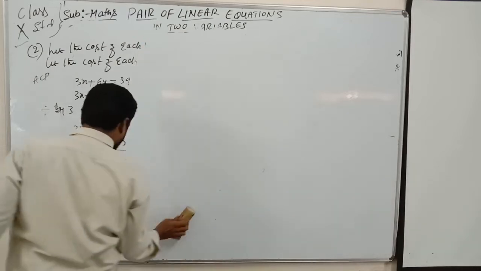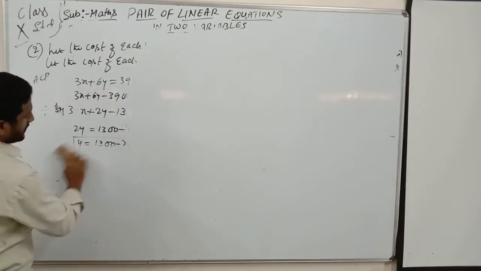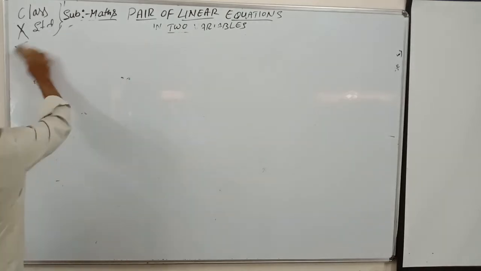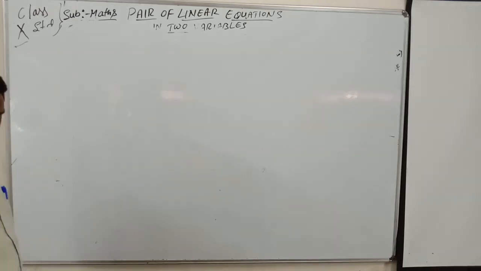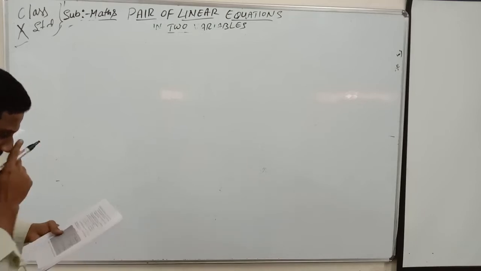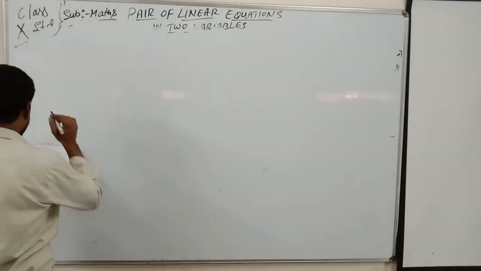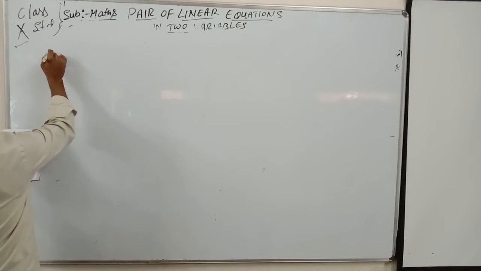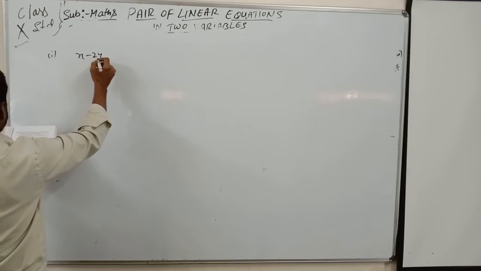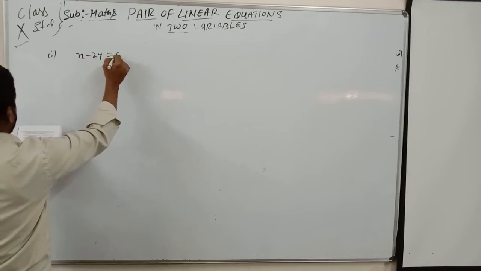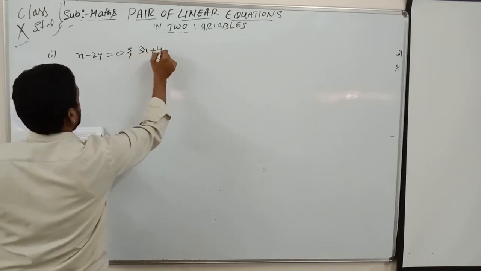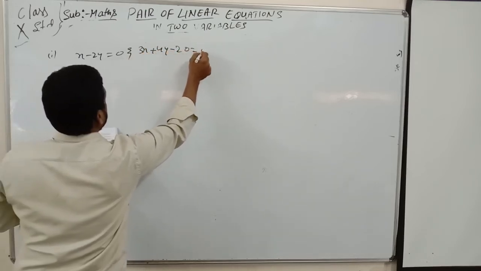We know that equation 1 and equation 2 will be there, because a pair means two equations. Now I'll take the first problem's equations: x minus 2y is equal to 0, and 3x plus 4y minus 20 is equal to 0.